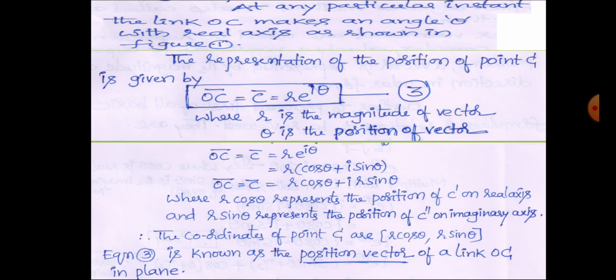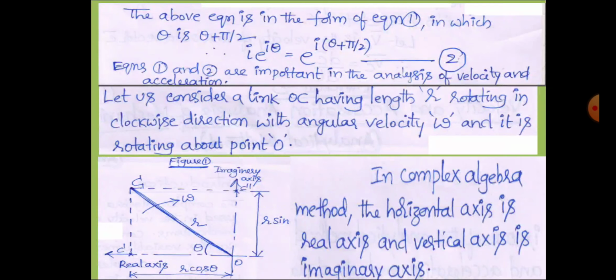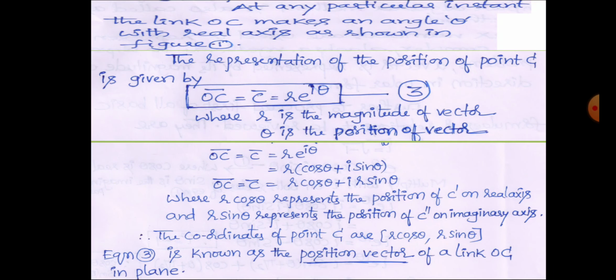So you must remember the first equation: e power i theta is equal to cos theta plus i sin theta. Second, i into e power i theta is equal to e power i into theta plus pi by 2. Now, after understanding how a link can be represented by a vector in complex form, any vector is simply r into e power i theta. That is our equation 3.